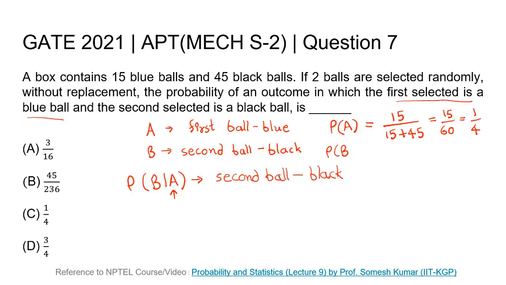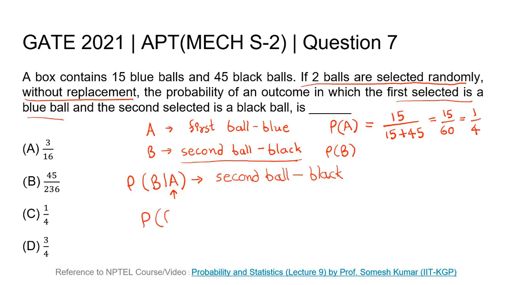Now probability of event B, which is second ball is a black ball, will always depend on the first ball because it is said in the question that two balls are selected randomly without replacement. That means probability of second ball being black ball will always be conditional depending on which color of the first ball is. That's why we have taken it as a probability of B given A.